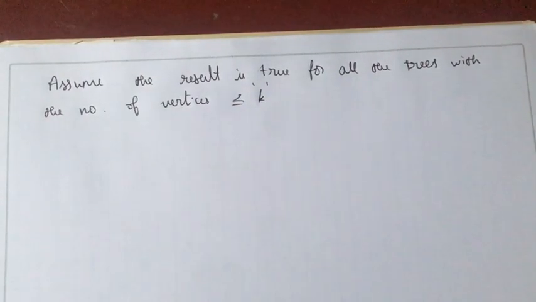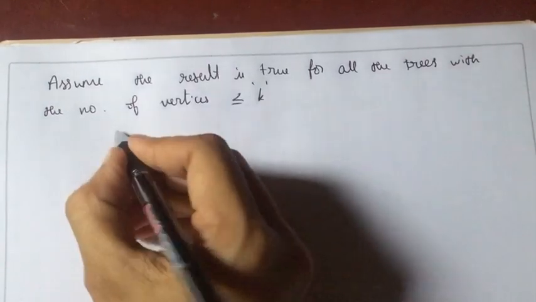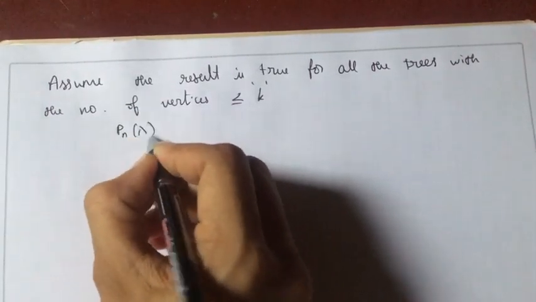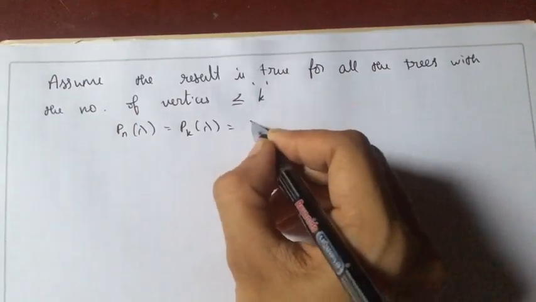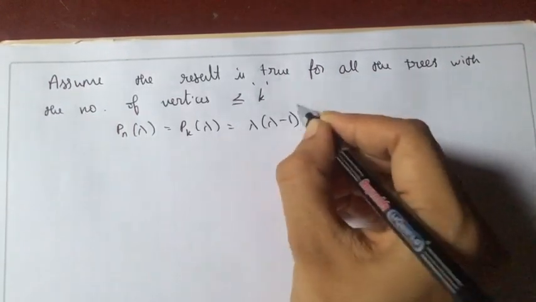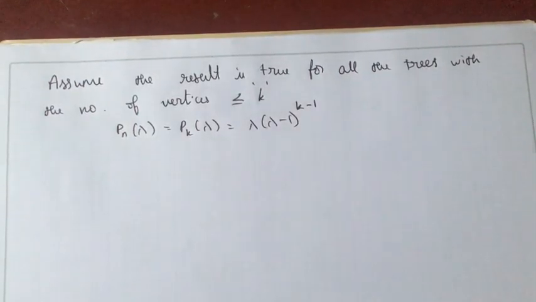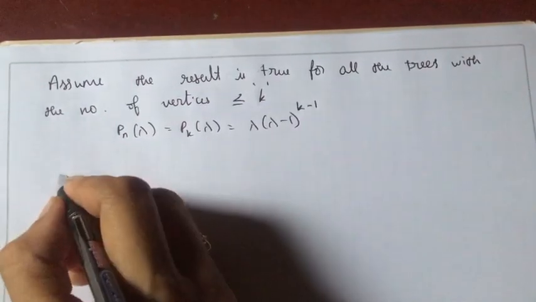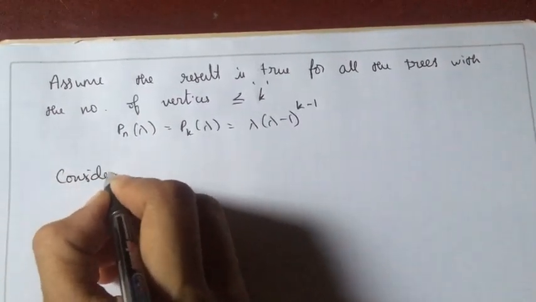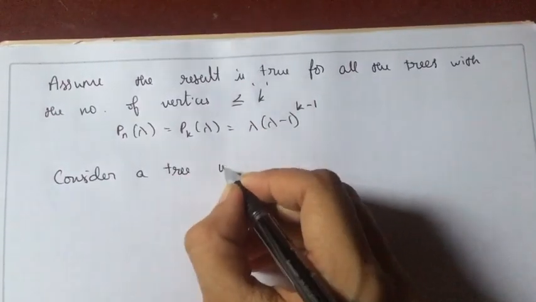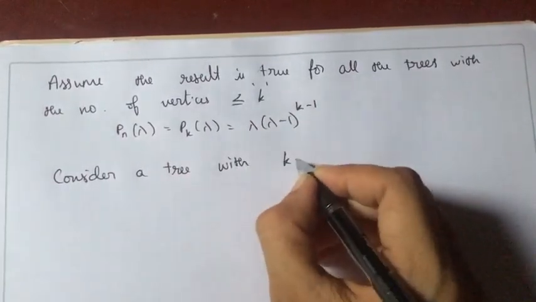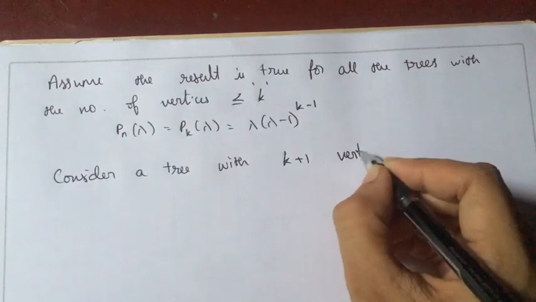So the graph can be colored in Pk of lambda ways, which will be lambda into lambda minus 1 power k minus 1. Now consider a tree with k plus 1 vertices.